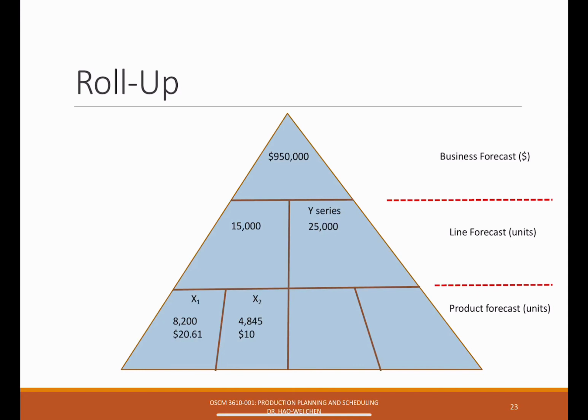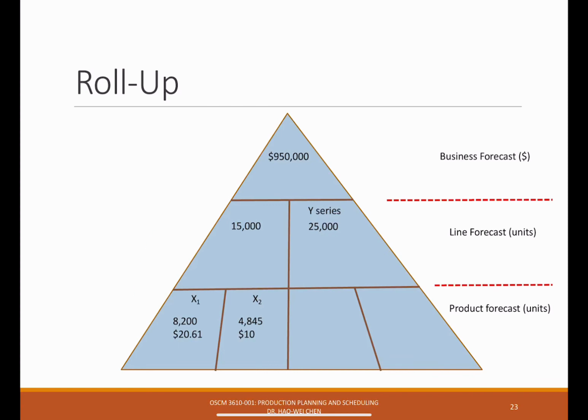And for the X series, we'll have 2 different products. For X1, the forecast shows that we will be able to sell 8,200, and the unit price is $20.61. And for X2, it will be 4,845 units, and the unit price will be 10.